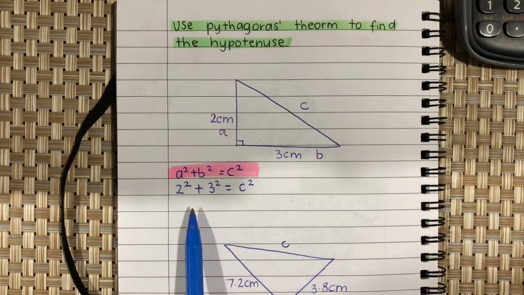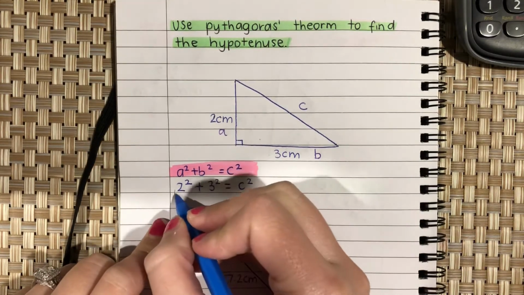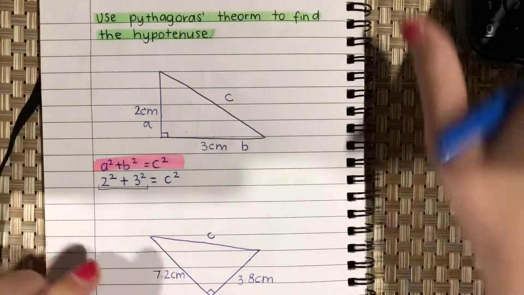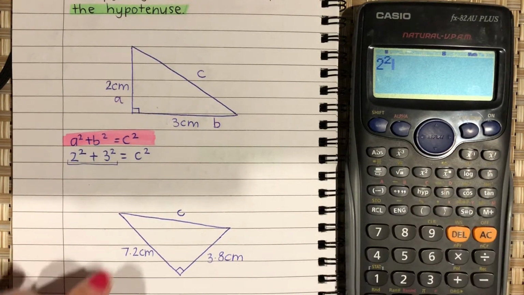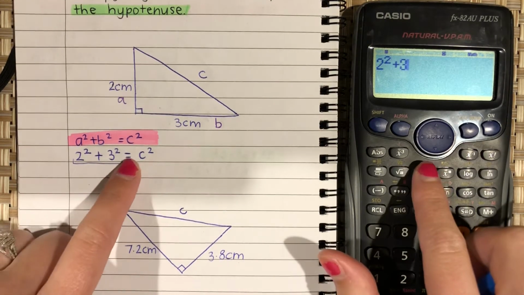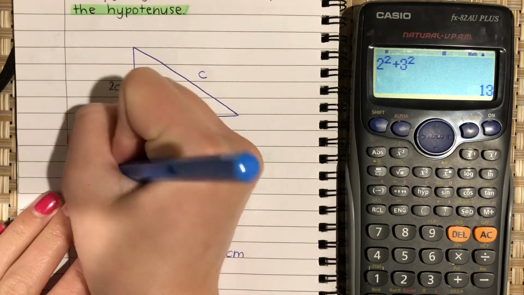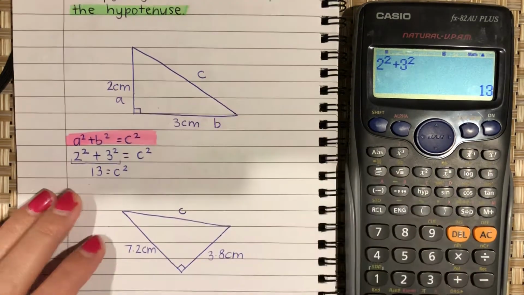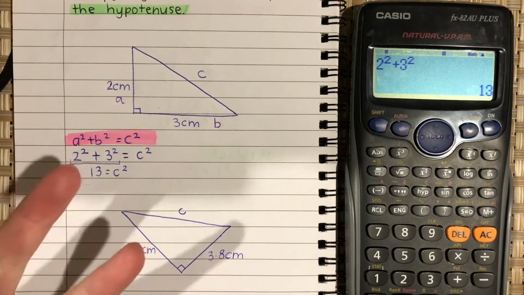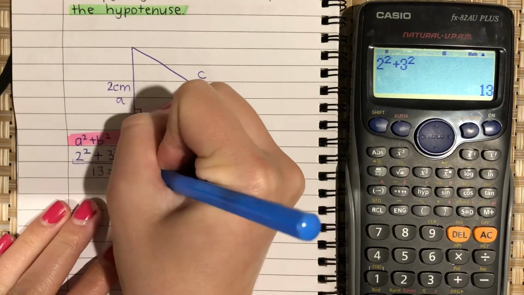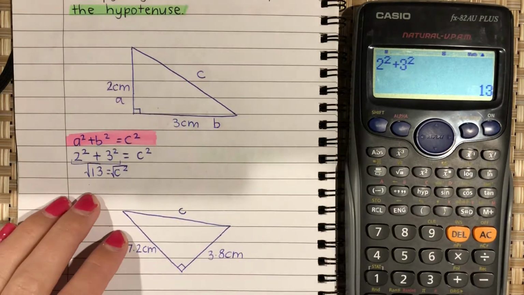Now, the first thing you could do is actually put in this part of the equation into your calculator to get an answer. So I'd put in 2 squared plus 3 squared. And that equals 13. So 13 equals c squared. Now, what did I say was the opposite of a squared? It's a square root. So that means you would square root the right-hand side, but you'd also have to do it to the left-hand side.